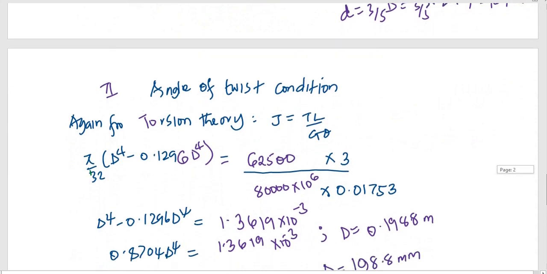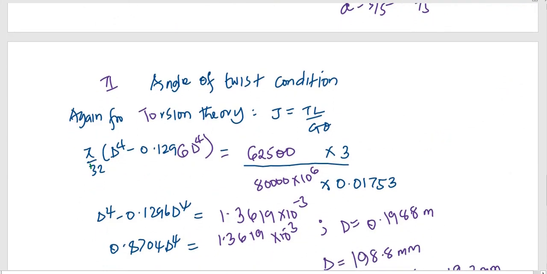Now under torsional theory, we are going to consider the angle of twist condition. Again we know from torsional theory, J is equal to TL over G theta. So let us substitute in our values for J. We know J is pi over 32 times D to the power 4 minus 3/5 D to the power 4.